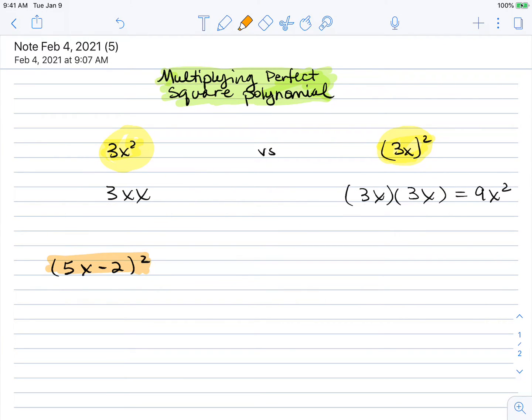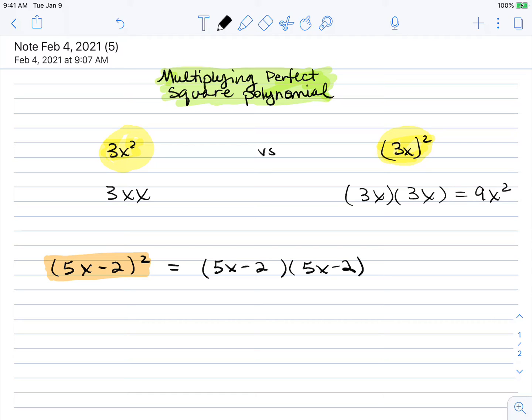And I'm going to be able to do the math on this when I recognize that the power of 2 is on the parenthesis, which means that I have the parenthesis twice. So this means that I have this parenthesis group twice. So I have 5x minus 2 and 5x minus 2.